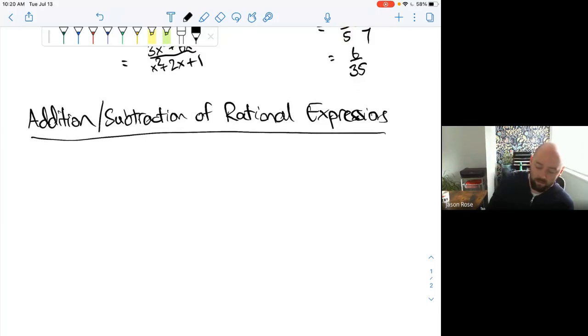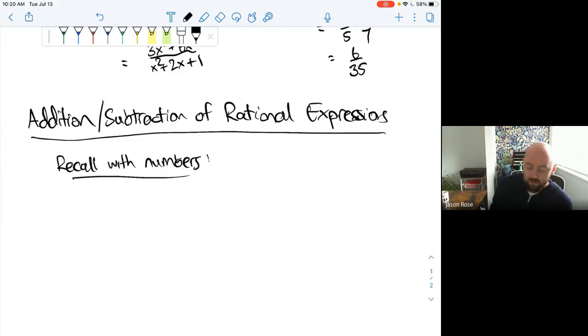So recall with numbers, let's suppose you wanted to add, say, 3/5 plus 7/2.